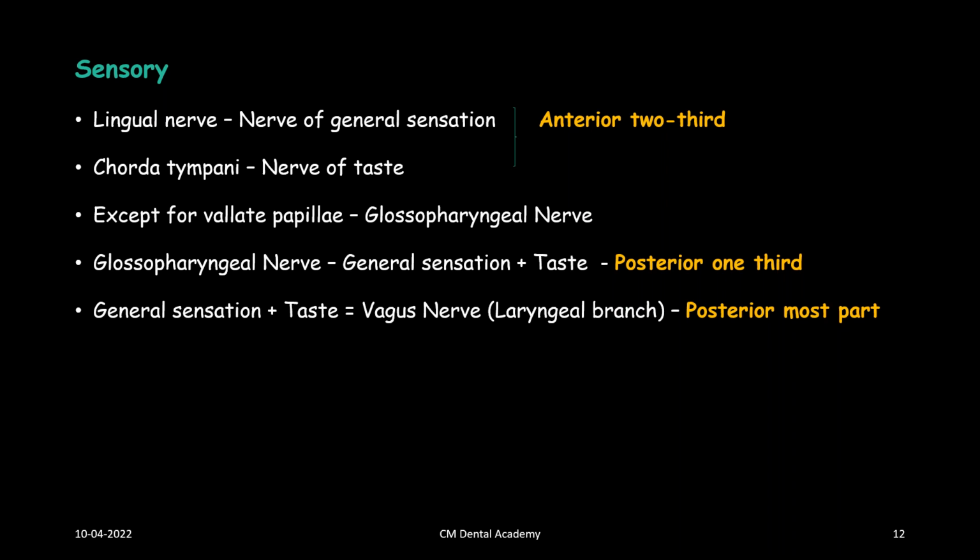And the chorda tympani branch of the facial nerve provides the taste perception, except for the vallate papillae, which are supplied by the glossopharyngeal nerve. The posterior 1/3 is supplied by the glossopharyngeal nerve for both the general sensation and the taste perception, while the posterior most part is innervated by the vagus nerve. It provides general sensation as well as the taste perception.